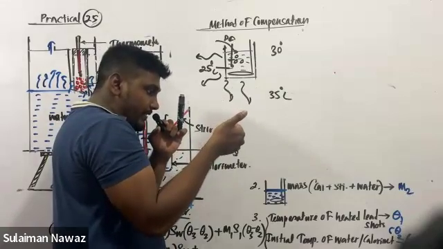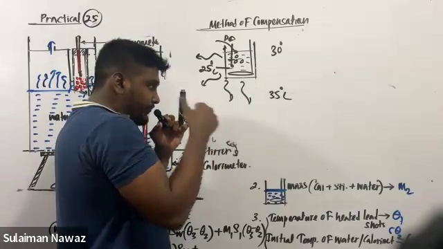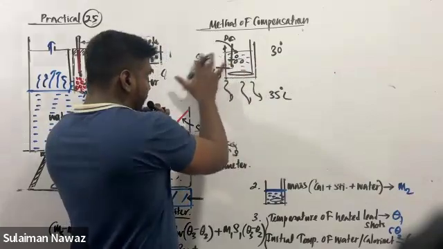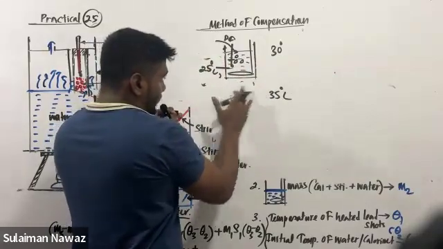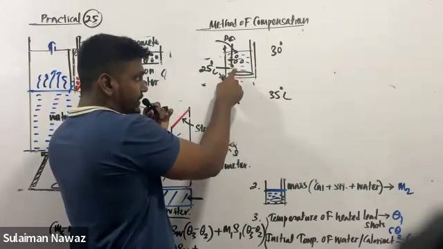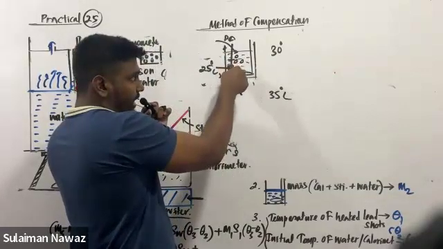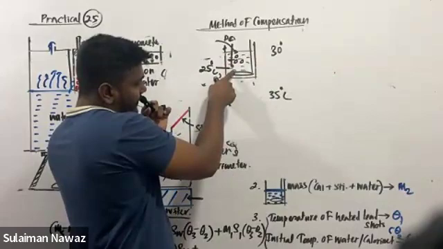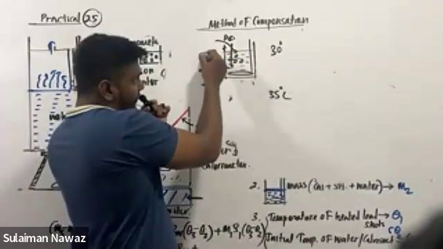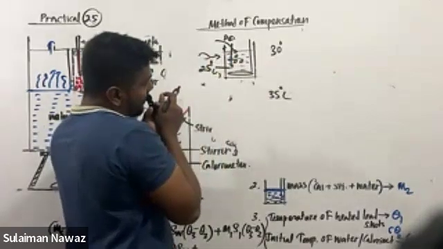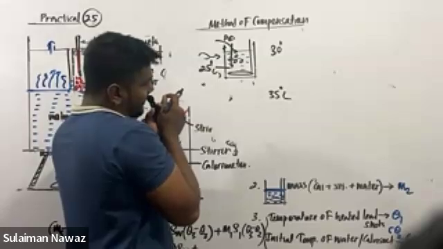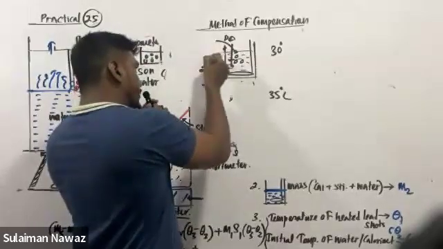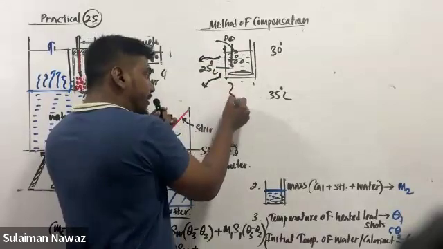When you reduce the temperature using ice cubes, heat is emitted. So when we decrease the temperature, yes, heat is emitted from the calorimeter.